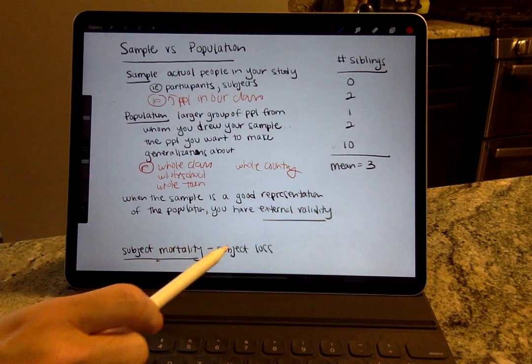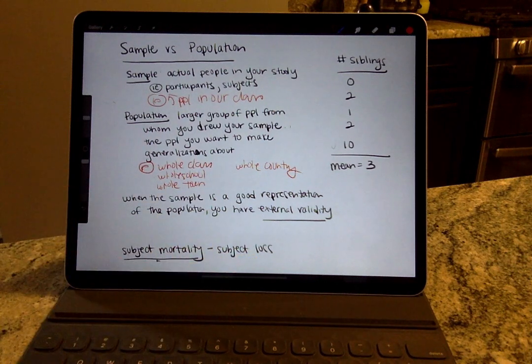This is particularly an issue when you have longitudinal studies where participants are asked to come back over and over again. It's also an issue when you're asking participants to do something very taxing or difficult. If you're asking them to run, for example, for an extended period of time, a lot of people can't do that, so they might drop out of the study before completing whatever manipulation you want them to do.